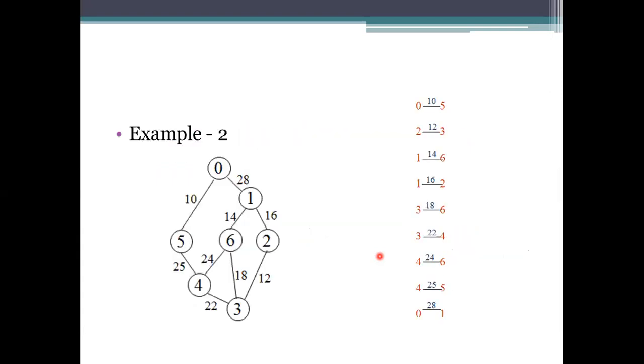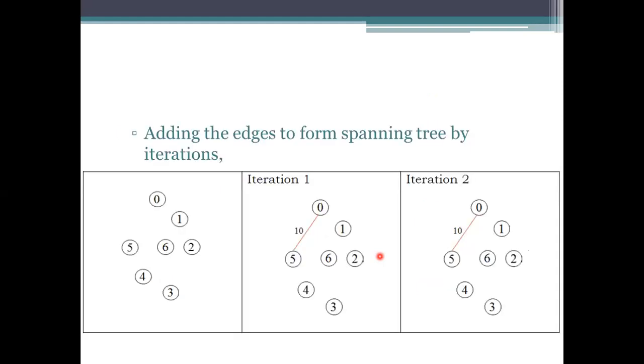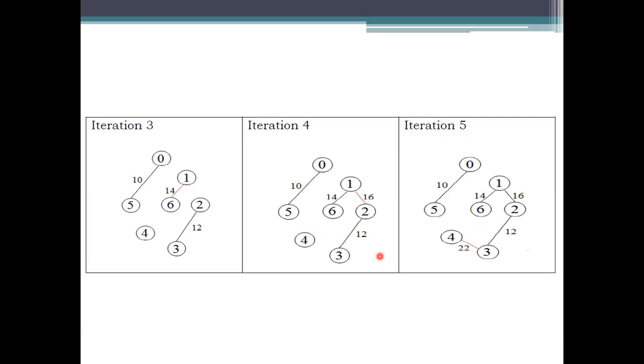12. Why here is, if you are taking 2 to 3, we need to check whether it forms a cycle or not. There is no such formation. So we consider 2 to 3, and then the next value added is 14, 1 to 6.